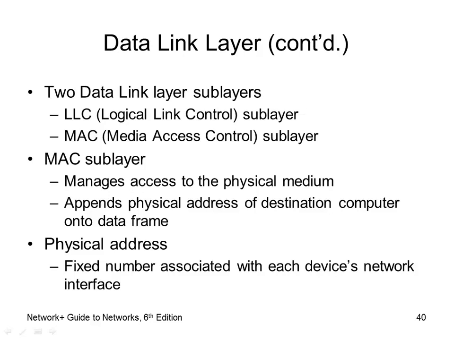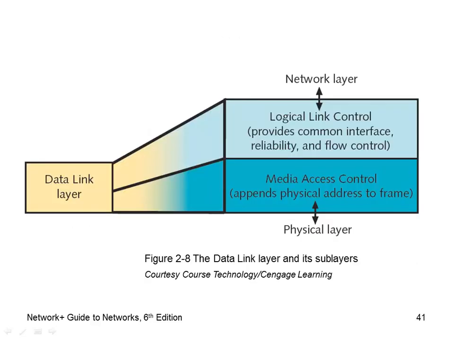The MAC, at that point, you're dealing with more the physical side of things. So the MAC sublayer manages access to the physical medium, or the physical layer. And the physical address is the number associated with each network interface. Physical address, remember, is the same thing as MAC address or hardware address.